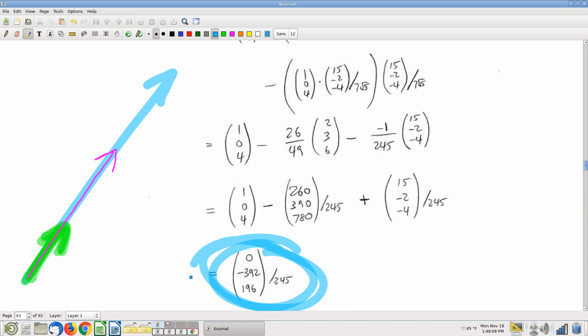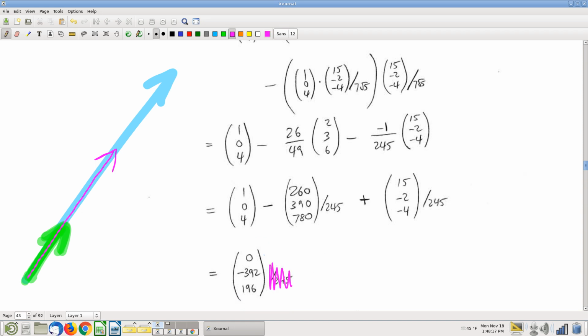So here's my thinking on that. First thing, I'm going to multiply by 245 because I don't like fractions. Perfectly fine, no problem. If I were to unitize that vector, I'd still get the correct unit vector. And then I look at that and think, let's see, 392, 196.